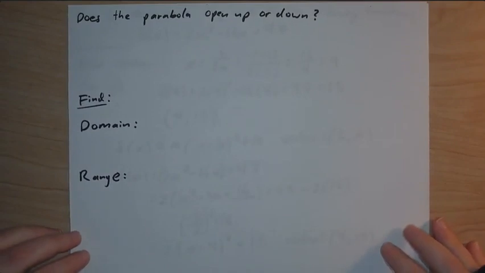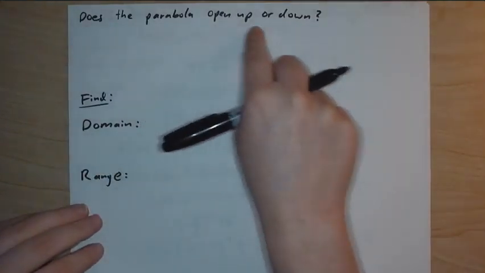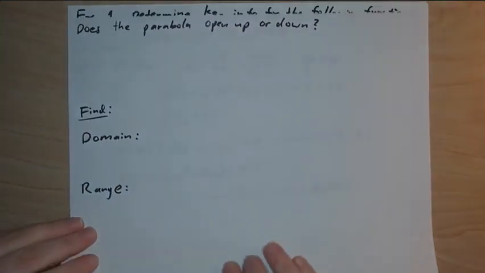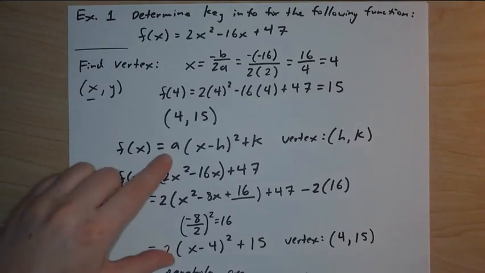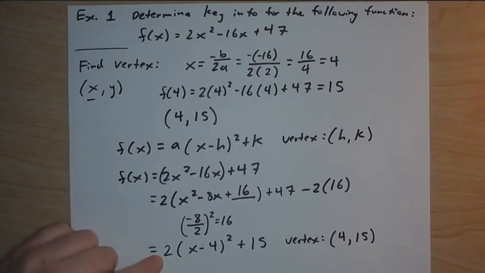So the next thing we need to find is, does the parabola open up or down? We can figure that out by looking at our shifted vertex form here. This number a, which is 2, if it is positive, then it opens up, and if it's negative, then it opens down.